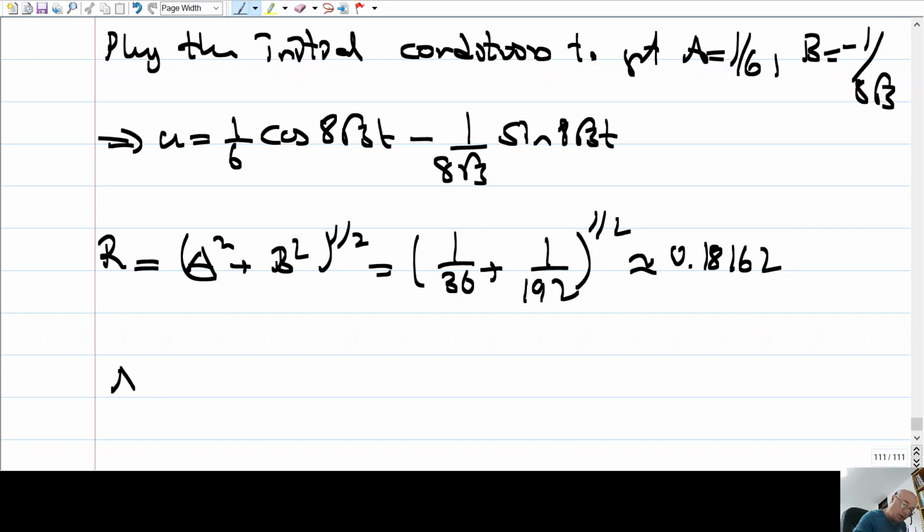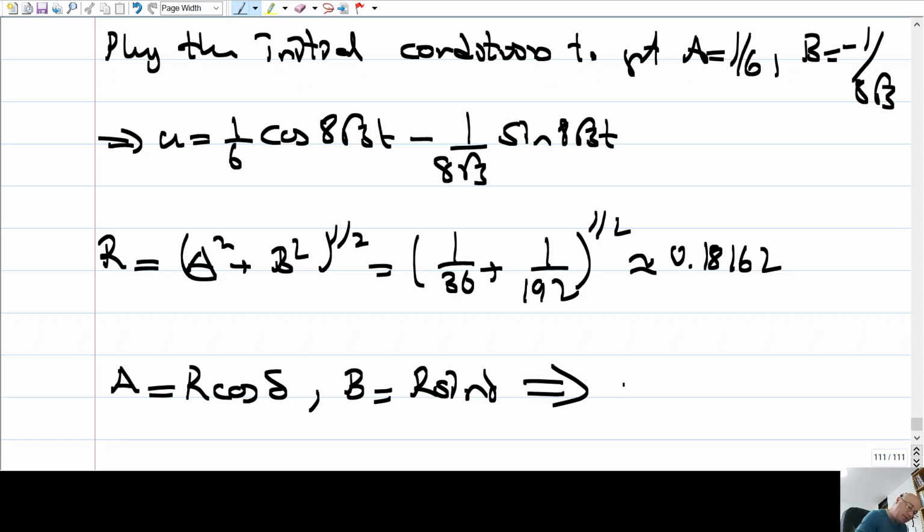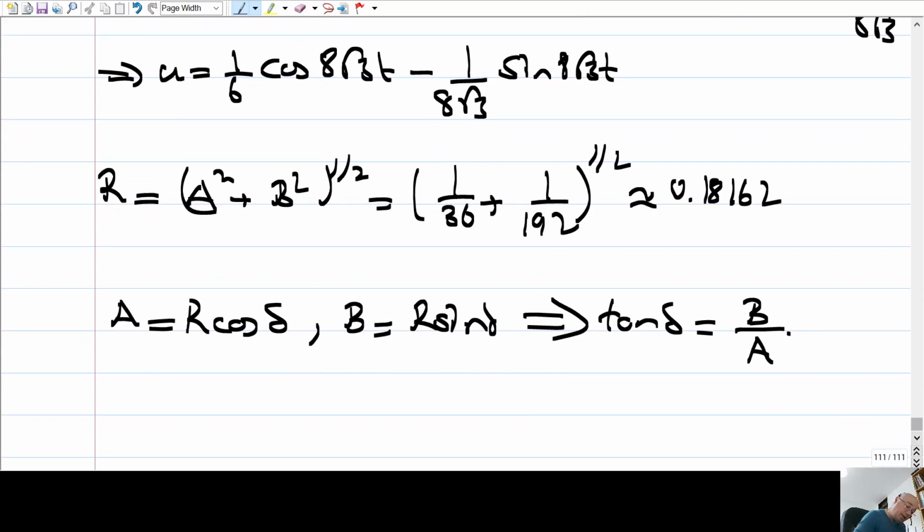A is R times cosine delta, B is R times sine delta. From this we get tangent delta is equal to b over a. Therefore, delta is just tangent inverse of b over a.